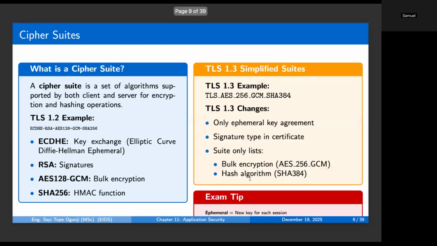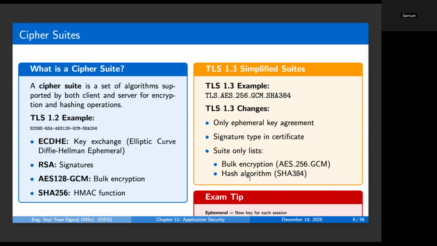Okay. Then we go to what we call the cipher suite. We've talked about this as well. When we say plain text and encrypted text, plain text is the real message that everybody can read, English language, for instance.